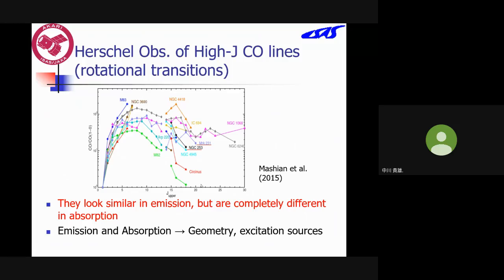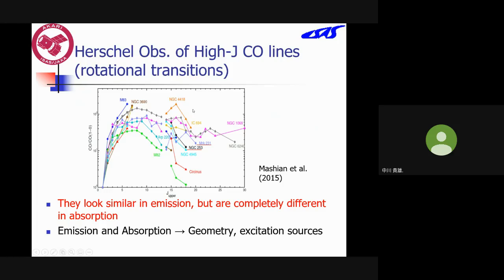The puzzling thing is Herschel made emission observations of the pure rotational transitions up to very high J. This shows the so-called SLED, spectral line energy distribution. Both Markarian 231 and NGC 253 show a similar distribution up to very high J in emission, and among the other ULIRGs.